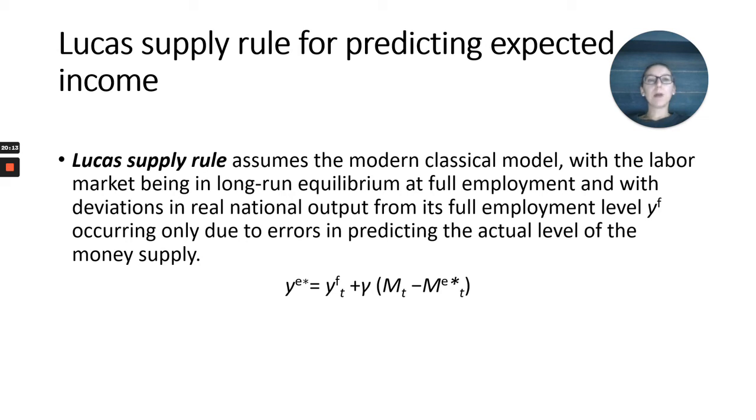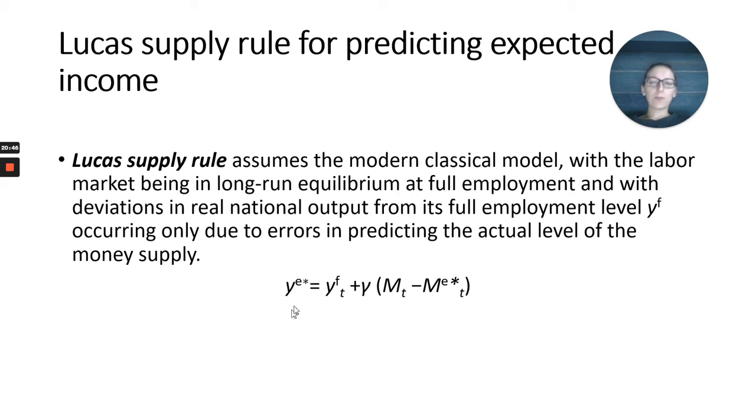And so, in the way the rational expectation models were implemented in building the demand for money function, we have two approaches. The first one is Lucas' supply rule, which is based on the modern classical model, which says that the labor market is in a long-run equilibrium at full employment, with deviations in real national output from its full employment level occurring only due to errors in predicting the actual level of the money supply.